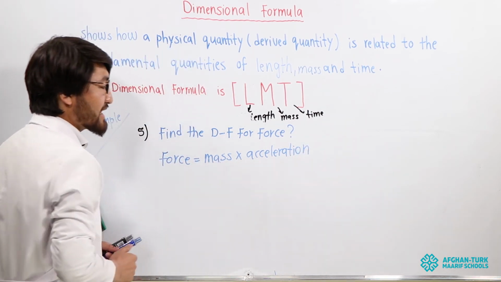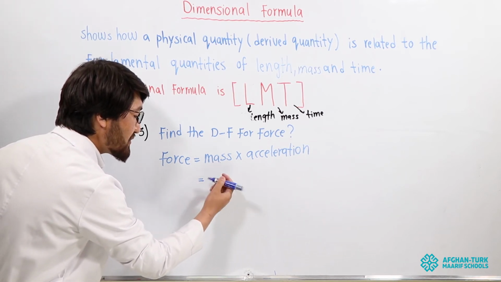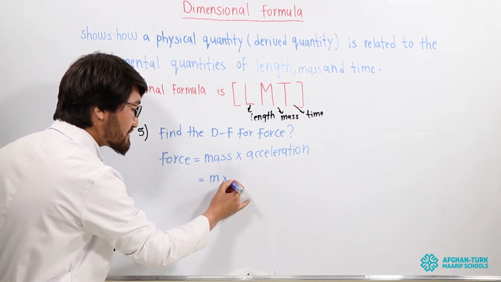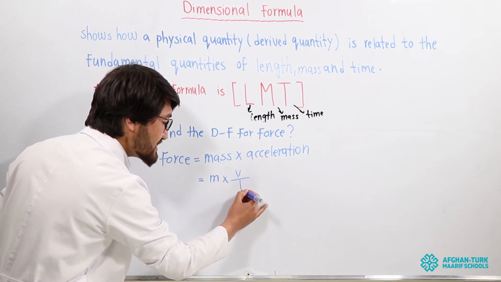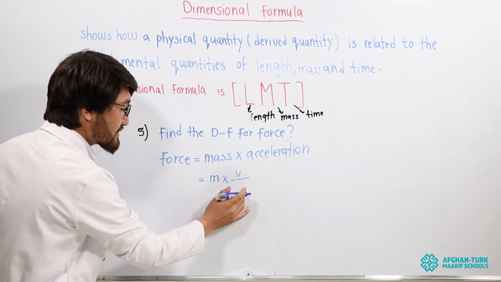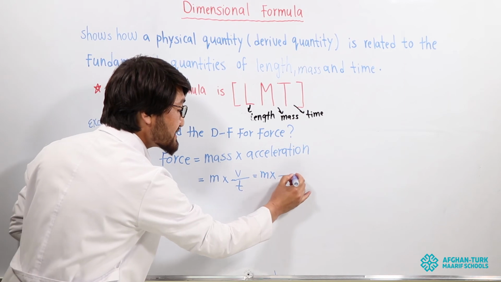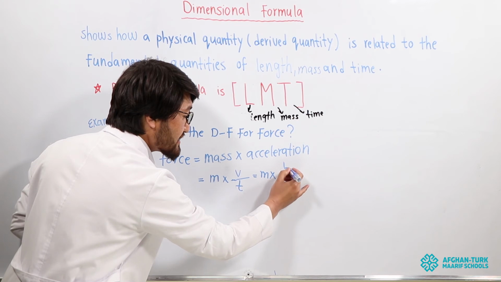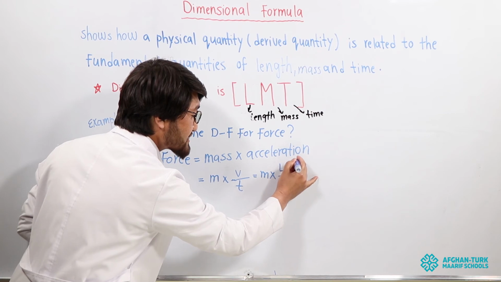Here we have m, mass, times acceleration, which is velocity over t. What is velocity? Velocity is distance over time.